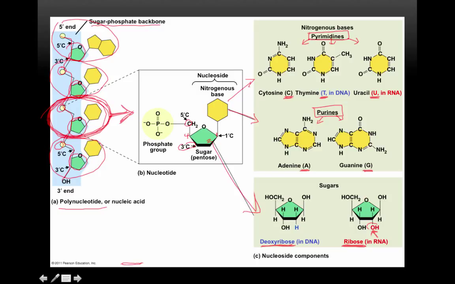Ribose has a hydroxyl group here attached to this second carbon atom, whereas deoxyribose has a single hydrogen atom. So the only difference between these sugars is that the one on the left is missing an oxygen, and the name suggests that. It's not ribose, it's deoxyribose, minus an oxygen, unlike ribose, which has that oxygen.